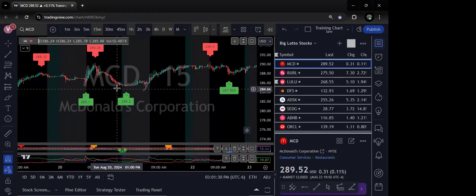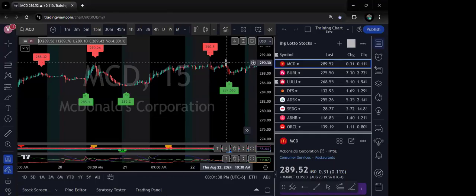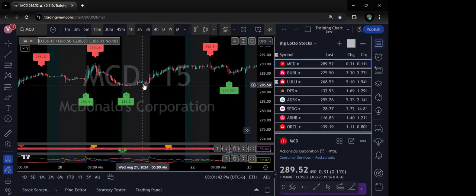So here we broke below it, but the next day it opened above this low. So it means it still has room to go up and give you a new high. So it went up, gave us a new high. So even if you see an inverted V, the next day, as long as it's opening above the previous day low, then you don't have a slingshot setup. So that stock still has room to give you a new high.